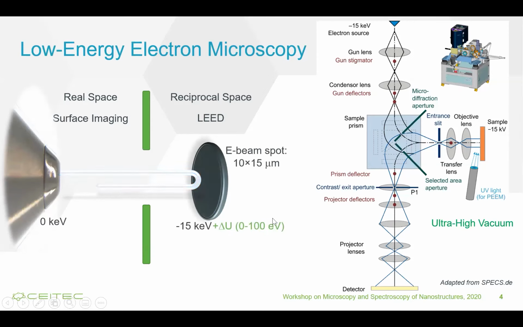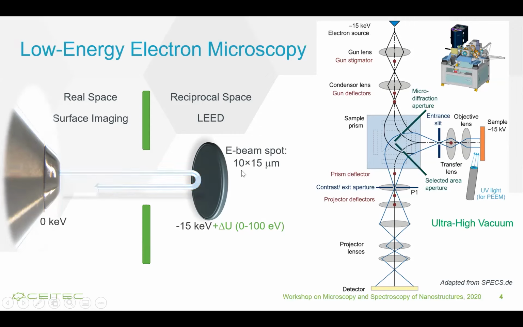The sample is on negative potential, 15 kilovolts, as well as the source. But if we adjust a bit, we do not decelerate electrons completely, but to very low energies in the range of 0 to 100 eV, which is the most useful range for us.